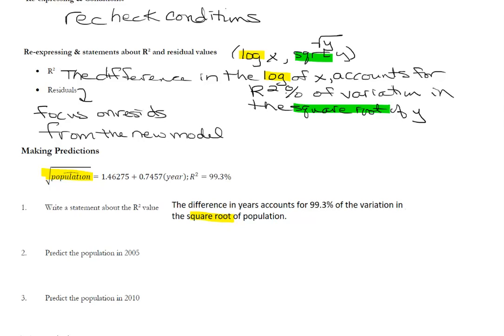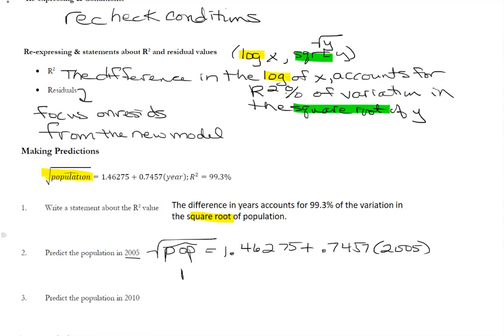Okay, so now here I can write math. With our math, we're going to plug in 2005. So I'm going to show my math: it's the square root of population hat. You remember you have to show this step, all those numbers of plugging in. Now I have the square root of pop hat, and then I need to figure out that answer.